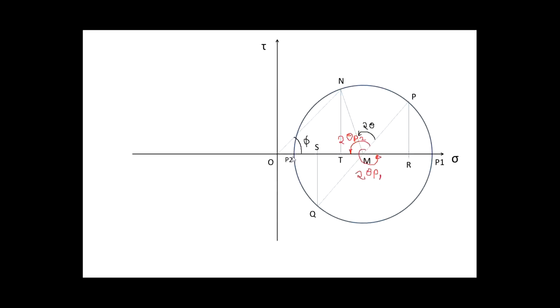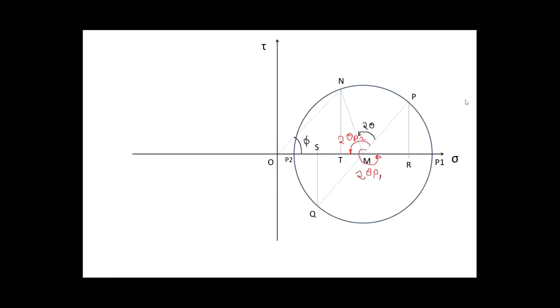First plane P2, second plane P1. The nearest one is P2, so that's why it is twice theta P2. Another one is P1, so from this location you get twice theta P1. So first plane is twice theta P2, second plane is twice theta P1.